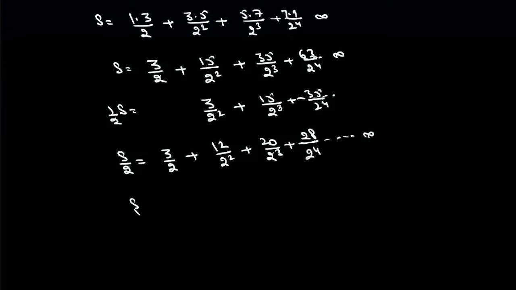Now again we write the same series and multiply it by its common ratio 1 by 2 and displace it by one term.